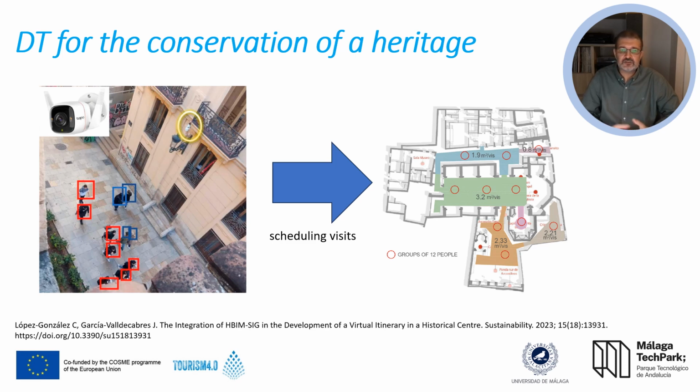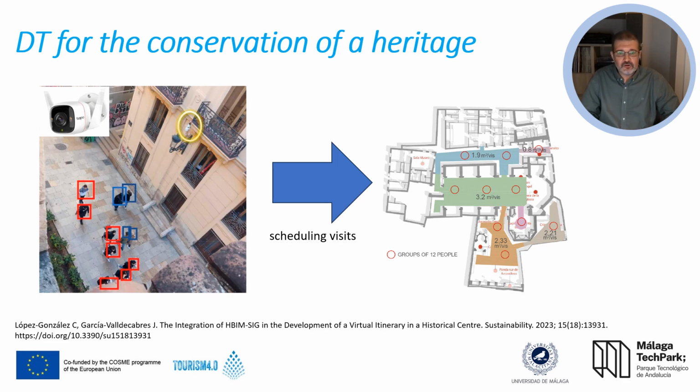Then the use of digital twin is based on controlling the CO2 inside the building in order to preserve the building and avoid the deterioration of all the inner parts of the building.